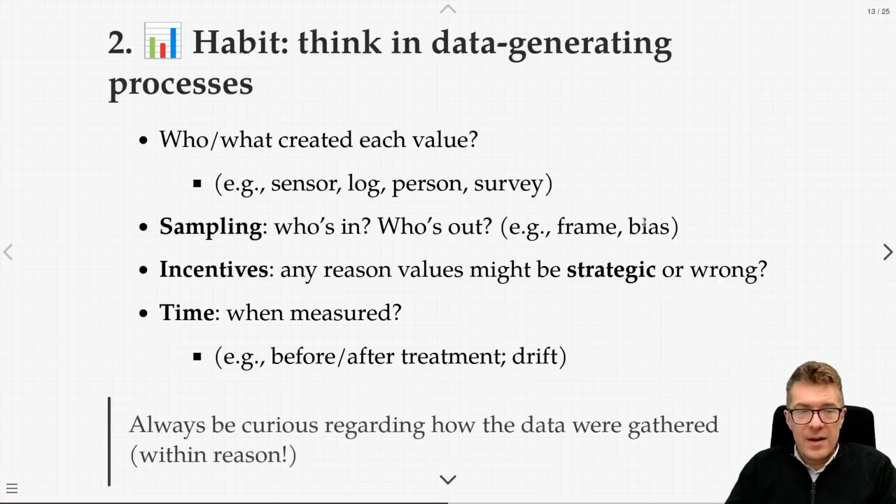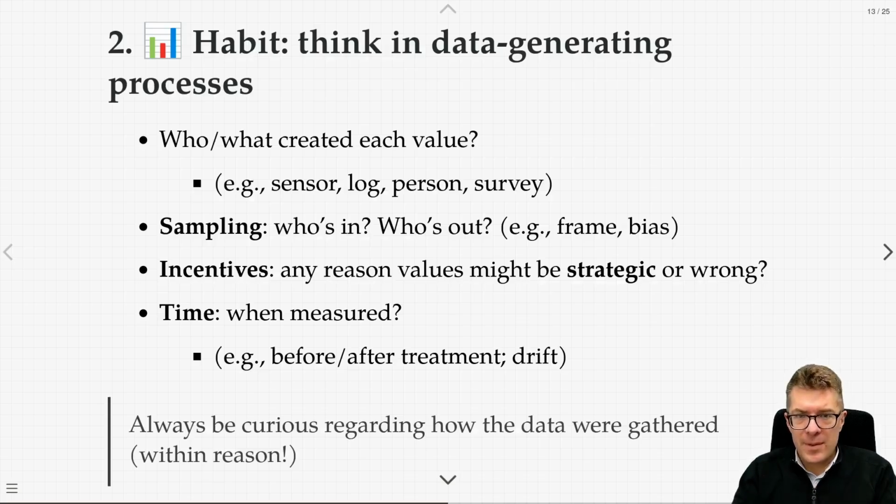So speaking of data, I think it's helpful to develop the habit of thinking in terms of data generating processes. We should be able to ask the question, who created each value, each datum that we have? Did it come from a sensor? Did it come from a log file? Did it come from an individual? Is the individual data point actually the aggregate of a survey that we sent out and aggregated together?